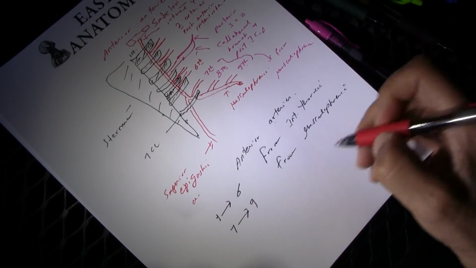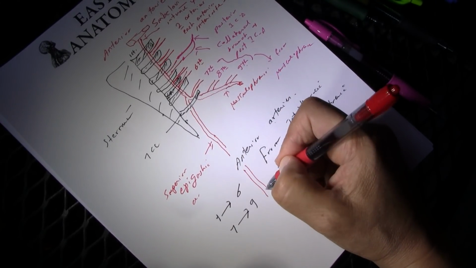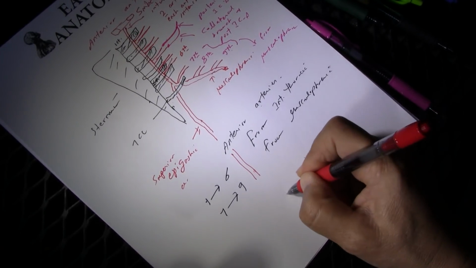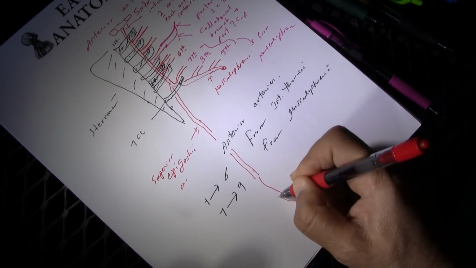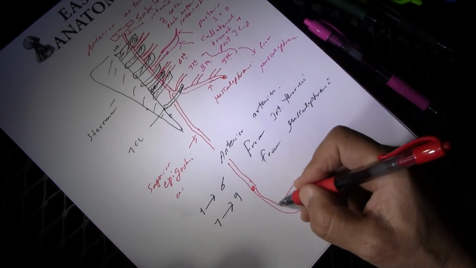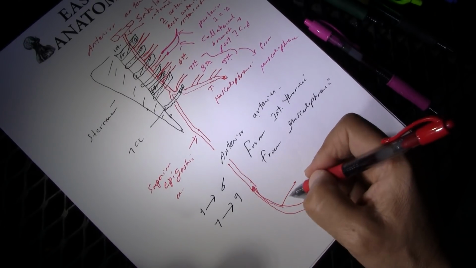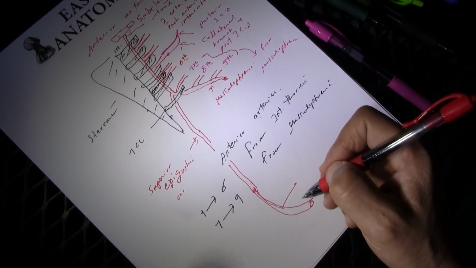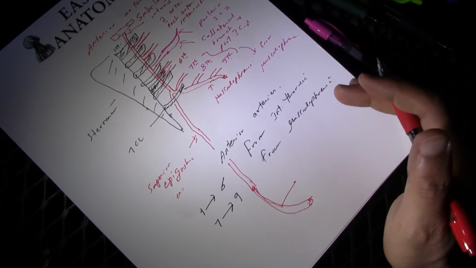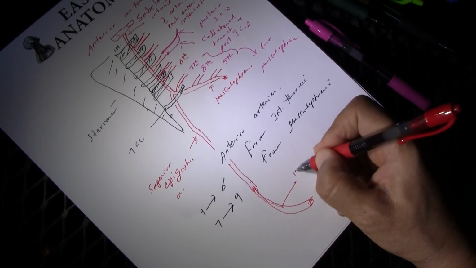Okay, what happened to this superior epigastric? The superior epigastric artery will descend down until the level of the umbilicus inside the rectus sheath, and is going to anastomose with another one called the inferior epigastric artery, which comes from the continuation of the aorta down there, from the iliac arteries.